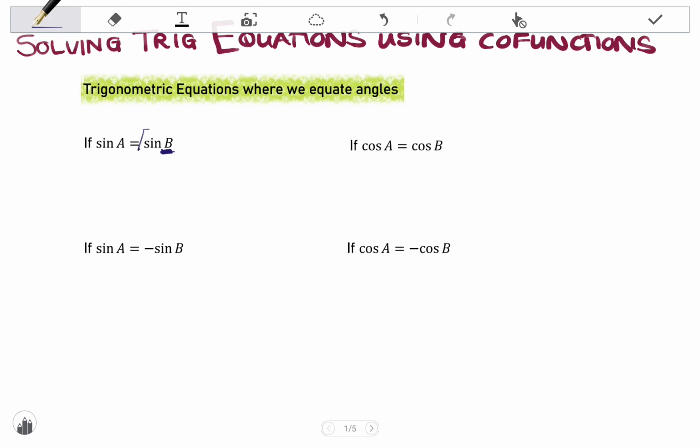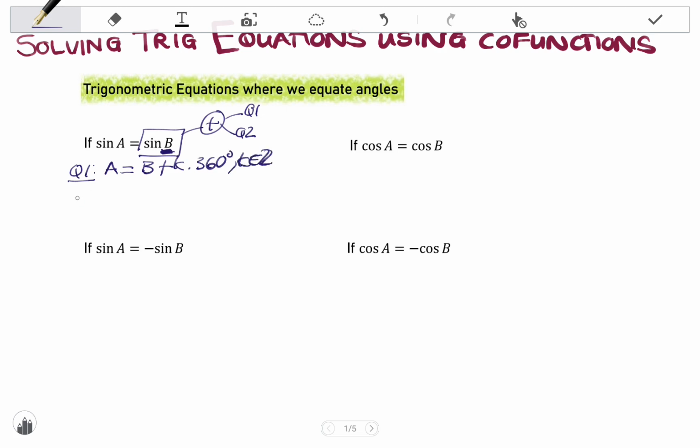So this whole right-hand side is positive, which means that for sine being positive, my general solution will be in quadrant 1 and quadrant 2. So quadrant 1, I write my solution as the angle, which in this case is A, equal to the key angle, which is the angle on the right-hand side, which is B, plus multiples of 360 degrees.